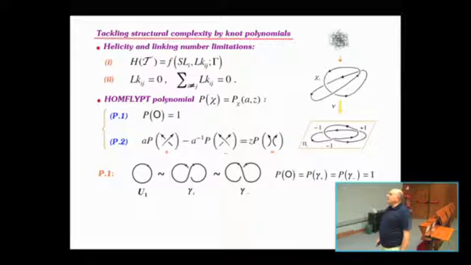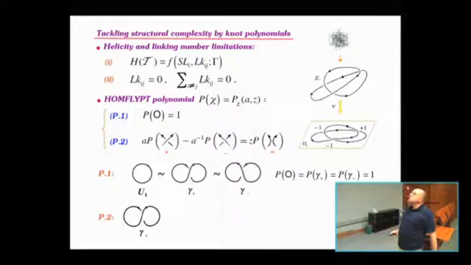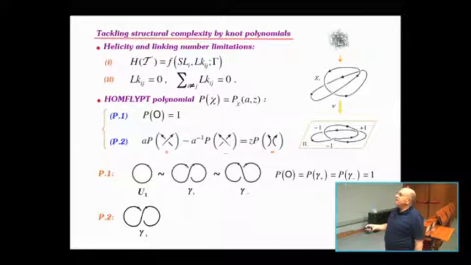I'll take one of these configurations, let's say gamma plus, and I'll try to apply this second relationship to it. Again, you may say, well, P of gamma plus is 1, so there's nothing to compute here, correct? Then I go from the positive crossing to the negative crossing. I switch this crossing, and I go to this side. This configuration is just gamma minus, which has a polynomial that is also 1.